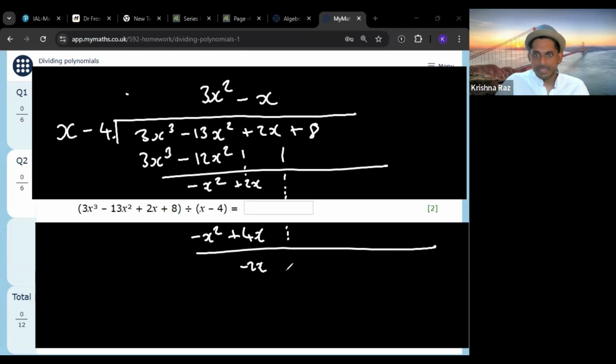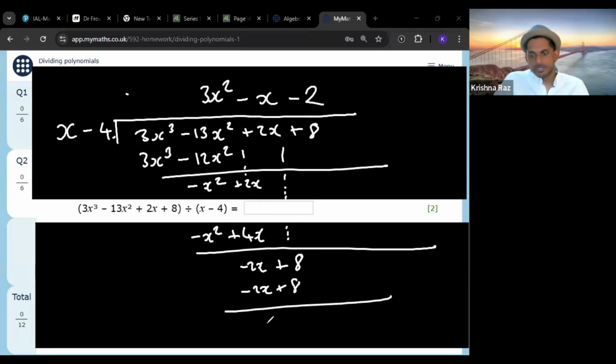Drop that 8 down. What do I times x by to get negative 2x? Minus 2. Multiply the minus 2 by the x and the minus 4. Job done. That was example 2.